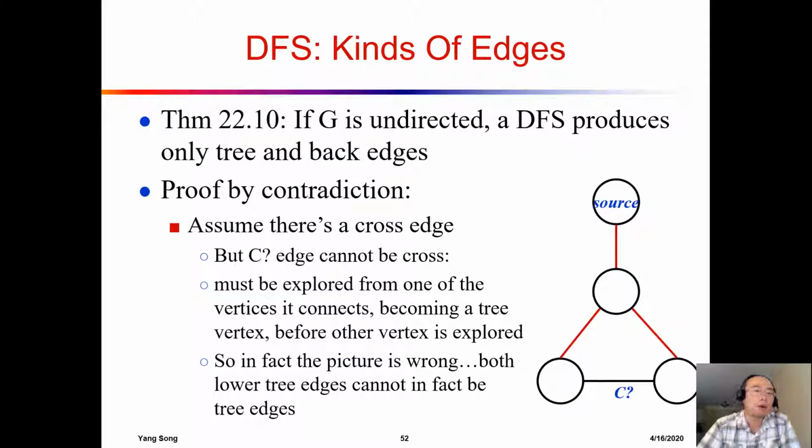And let's do another one. If we have the source, and then we have the tree edge here, and then two tree edges here and here, then this will be a cross edge, right? But the theorem says if we are doing the depth first search, we won't have a cross edge. And can we have this one?